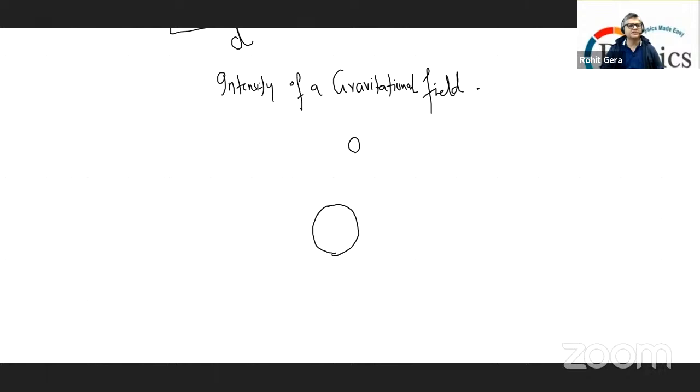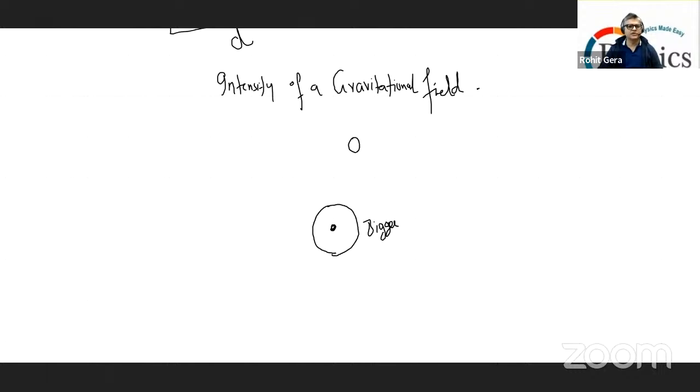Now, there is a field around this bigger mass. Okay? जैसे सन के चारों तरफ फील्ड है और उस फील्ड की वजह से सारे प्लैनेट्स उसके इन्फ्लुएंस में है. It's an imaginary place where field, justified by physics, where the masses experience some forces. So the force experienced per unit mass at a particular distance is called intensity at that point.